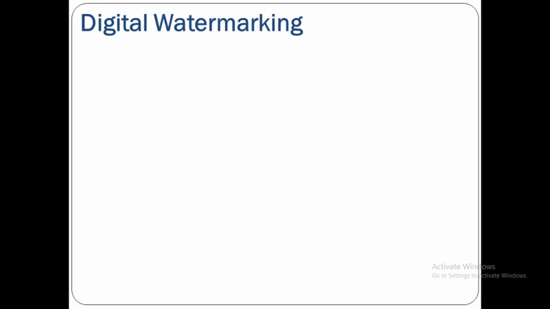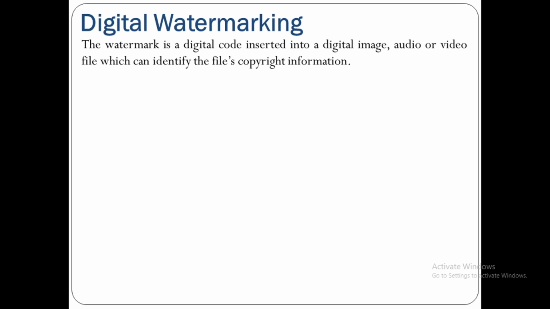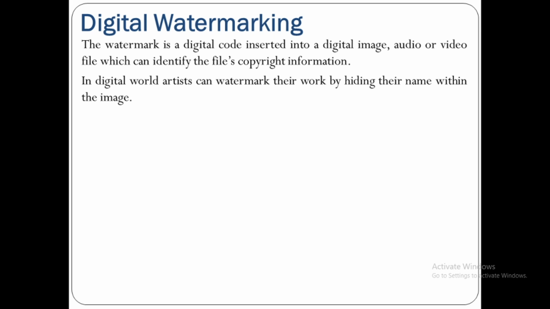Next is digital watermarking. The watermark is a digital code inserted into a digital image, audio, or video file, which can identify the file's copyright information. In the digital world, artists can watermark their work by hiding their name within the image.